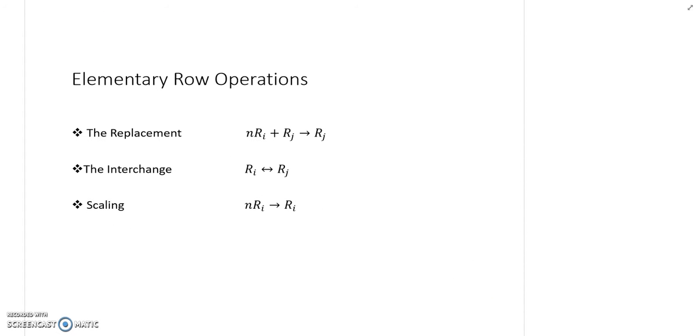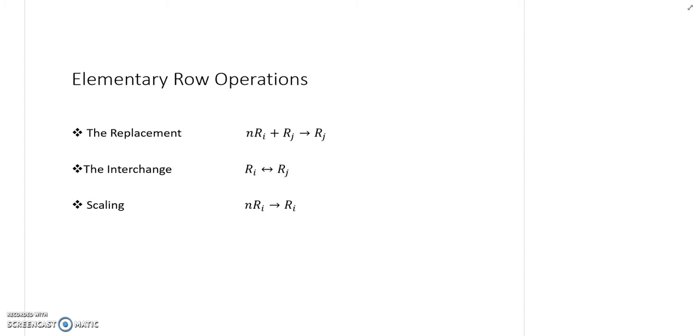We need one more piece to be able to solve a system of linear equations: put it in an augmented matrix, and then get it into reduced echelon and echelon form, which I'll explain in a second. So the first thing we'd like to look at is elementary row operations. These are the only row operations we can use when solving the augmented matrix.